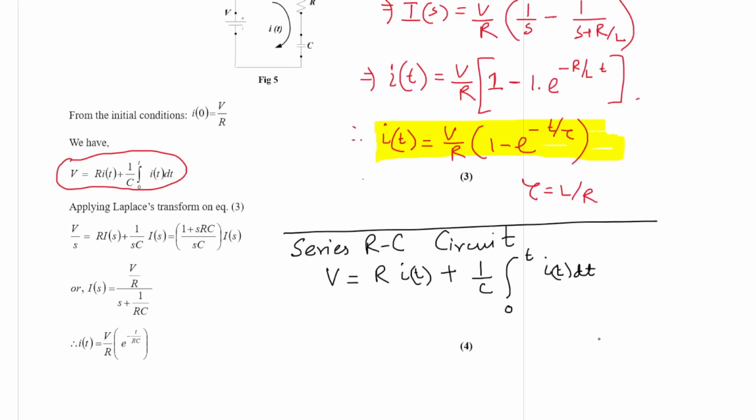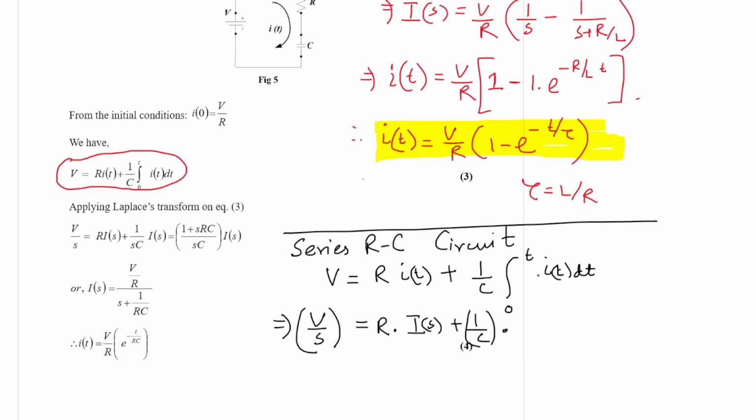Now if we apply the Laplace transform on this equation, V will become V by S because it is a constant voltage source. R into i(t) will become R into I(s) in the Laplace domain. 1 by C is a constant.